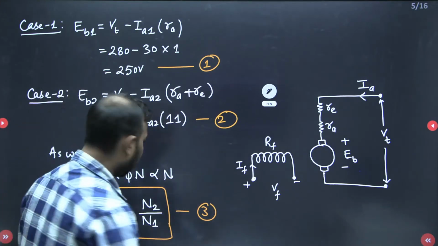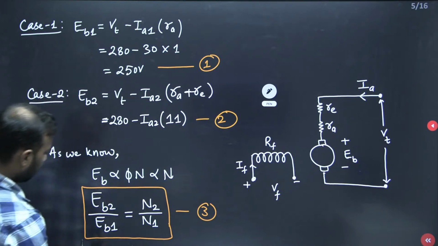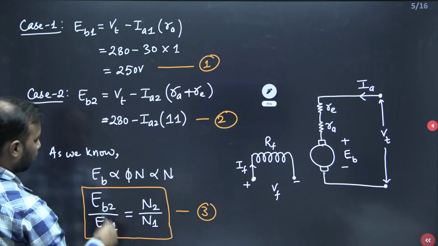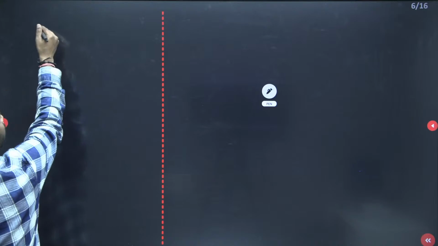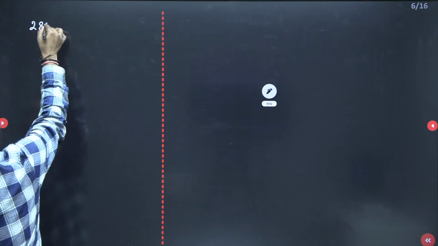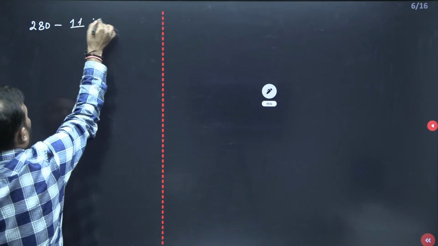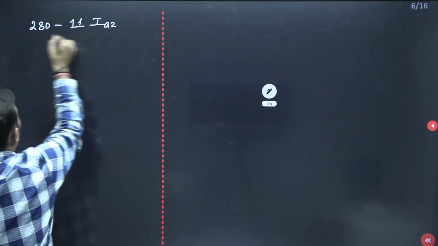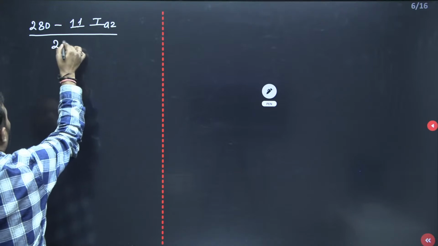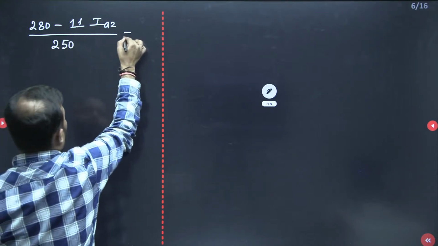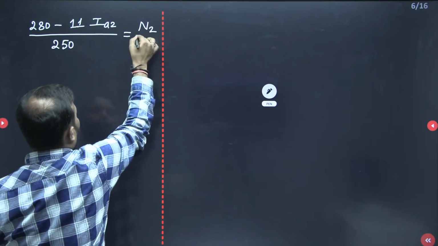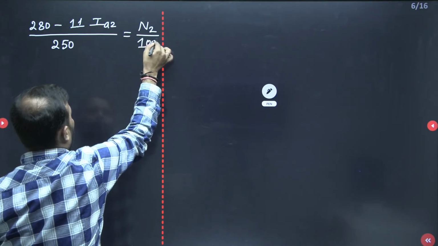Now, when you substitute the values of EB2 and EB1, EB2 is 280 minus 11 IA2, divided by 250, which is equal to N2 by N1, which is 1000. This is given in the question.